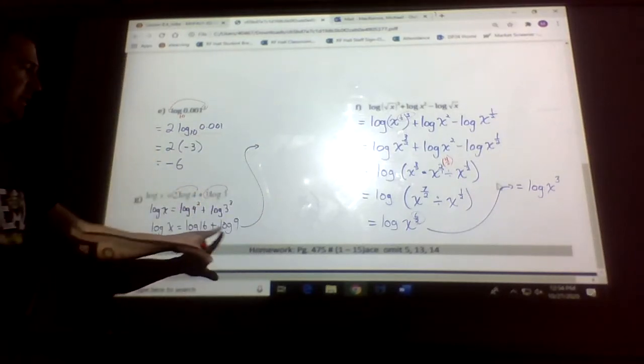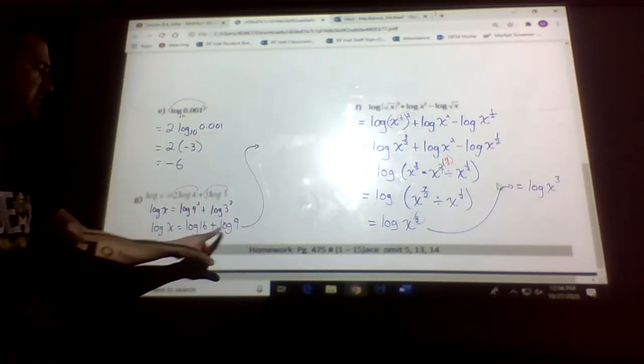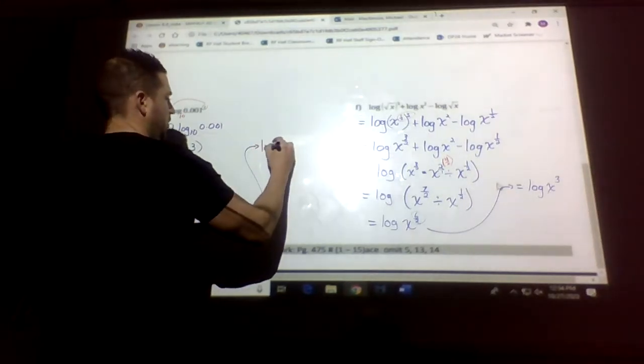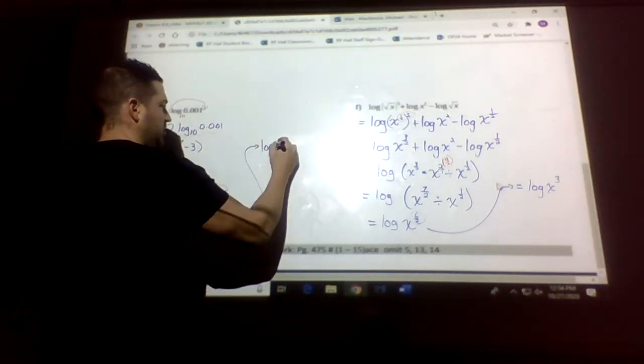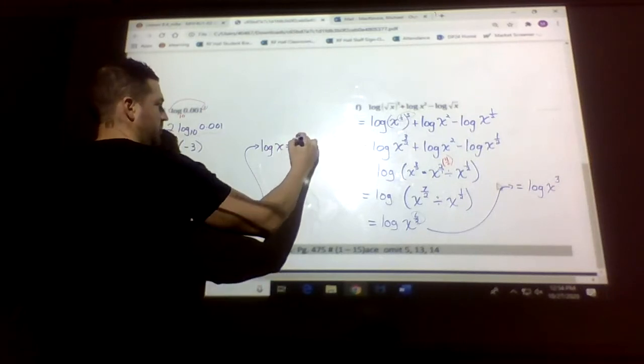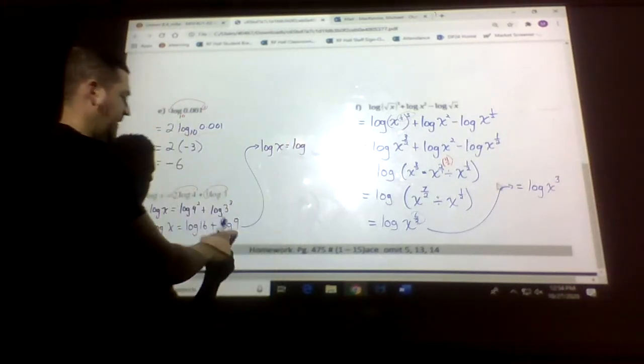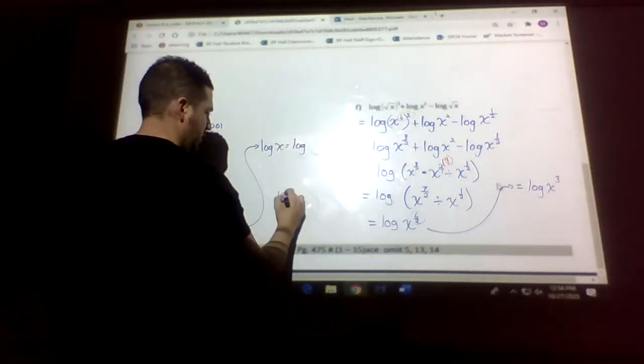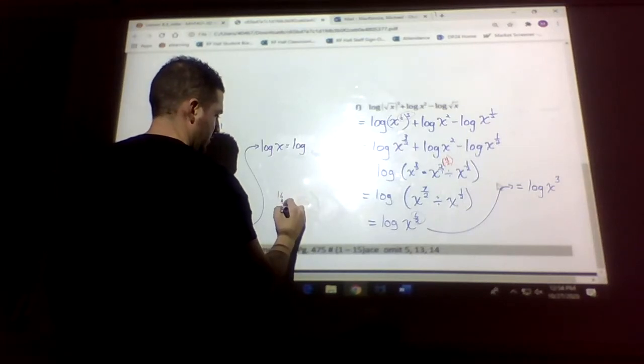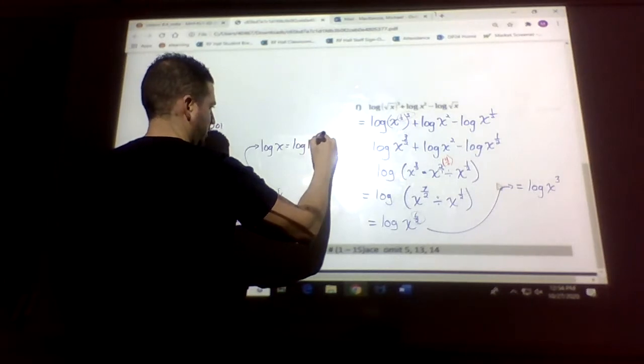We're adding the same base, because they're both base 10. So then we're adding, so we're going to multiply them. So 16 times 9, 144.